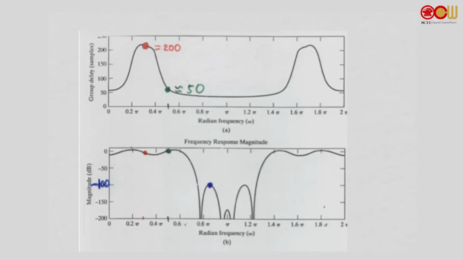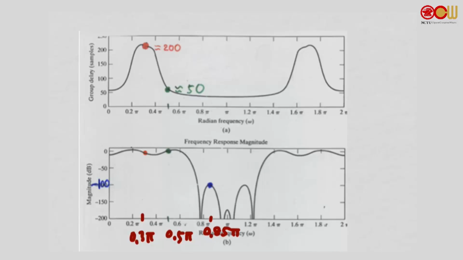The red dot, green dot, and the blue dot here will correspond to the magnitude response of H at the three frequencies that we talked about earlier. So for example, this is 0.3 pi, this is 0.5 pi, and this is 0.85 pi.